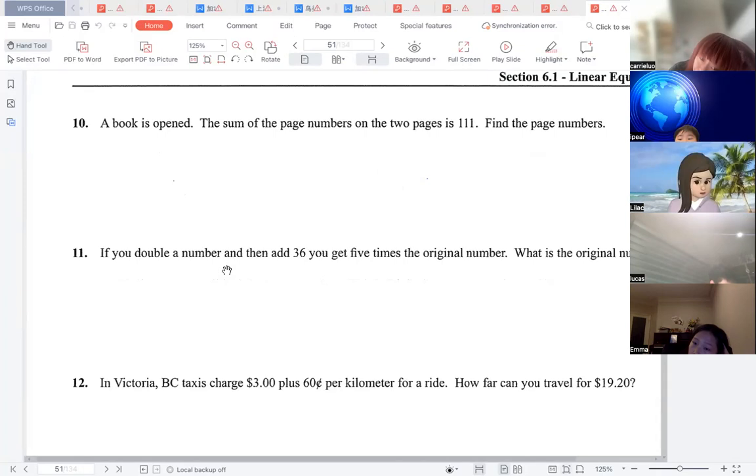If you double a number and then add 36, you get 5 times the original number. What is the original number? Number 11, your turn. Wait, we do 11 now. Yeah, 11. Okay.